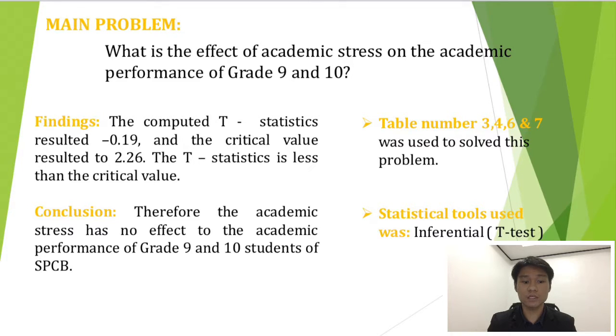The t-statistic is less than the critical value. Therefore, for the conclusion, academic stress has no effect on the academic performance of grade 9 and 10 students of SPCB. The statistical tool used was the inferential t-test.